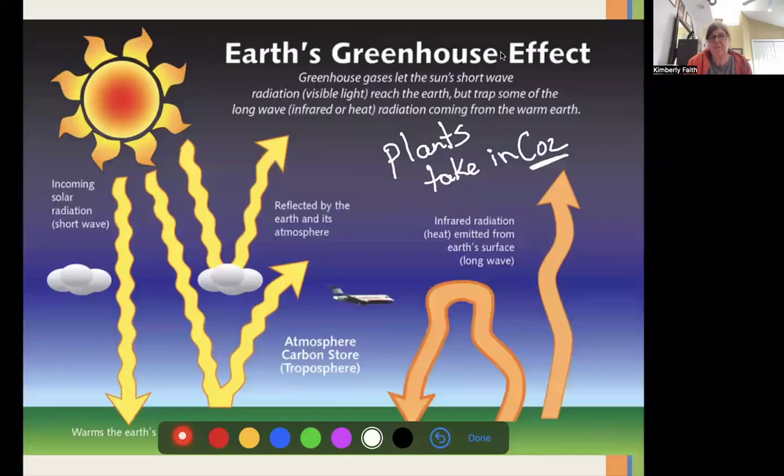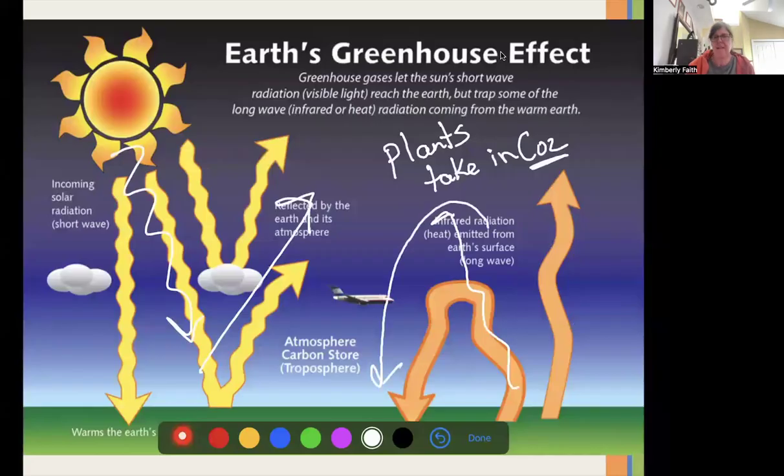What the greenhouse effect is, is that as the sun is sending its waves to our planet, the atmosphere, the clouds, the surface reflects that energy back out into space. Okay? Now, with the greenhouse gases being up there, what happens is, this one was trying to leave, and the greenhouse gases act kind of like a blanket and prevent them from leaving. And so it starts to heat up our overall planet temperature.